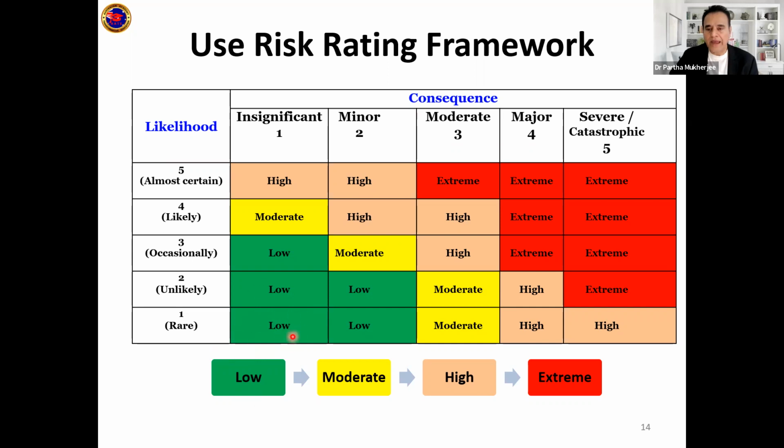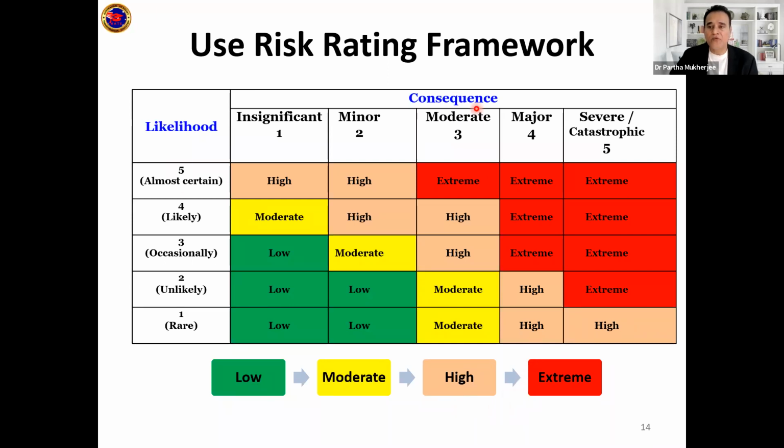If anything which is here is low, and if it is most likely and very high consequence, it's extreme. So then it becomes red. Okay, and then you color code that. You put your color code that green is lower level, yellow is middle level, high is a little high towards red, and red is the extreme. So now you've created a framework.